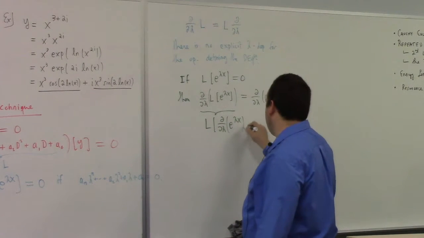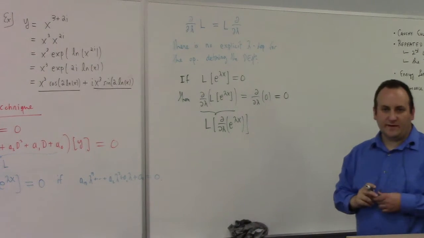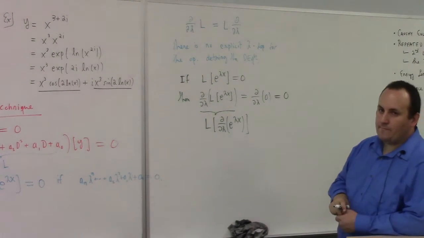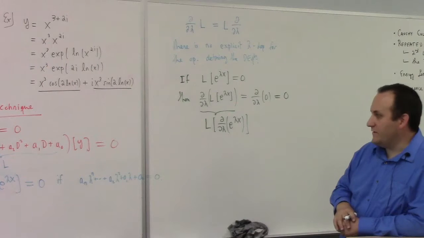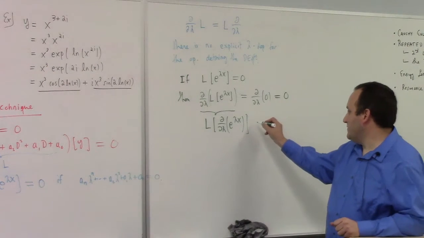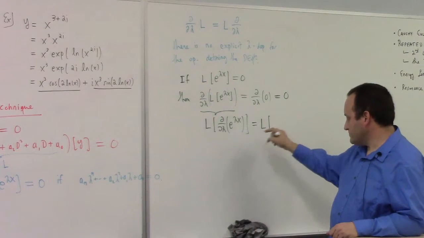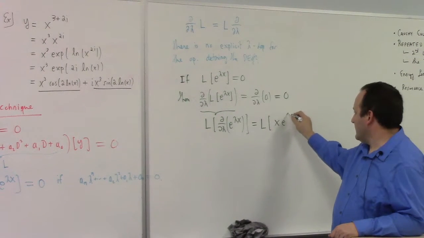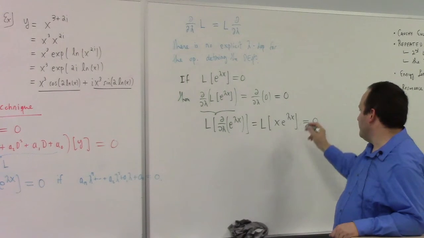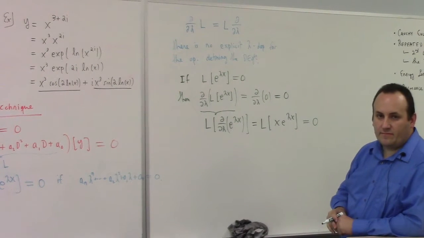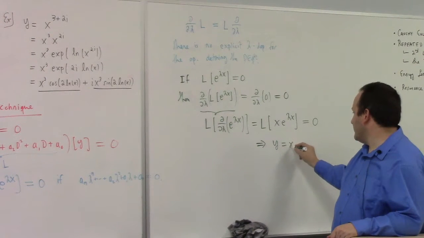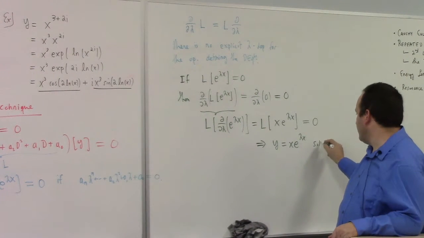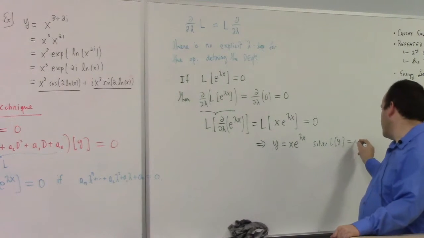What's the partial derivative of e to the lambda x with respect to lambda? x is a constant with respect to this partial differentiation, all right? So this is L of x e to the lambda x equals 0. There you have it. So this implies that y equals x e to the lambda x solves L of y equals 0.